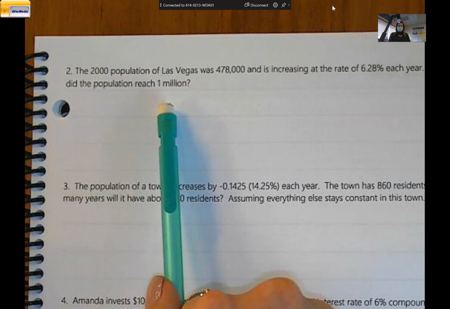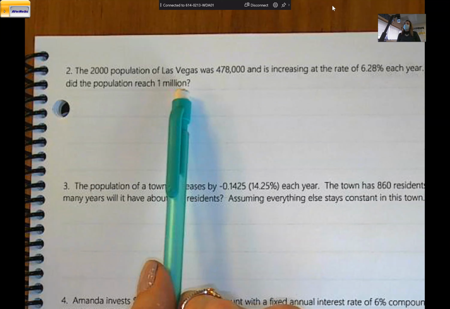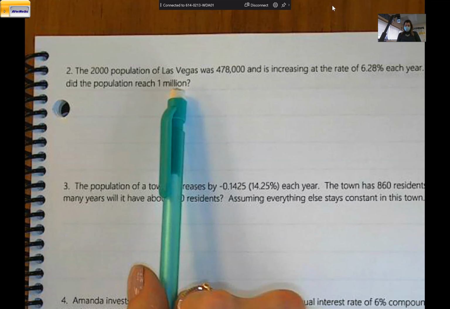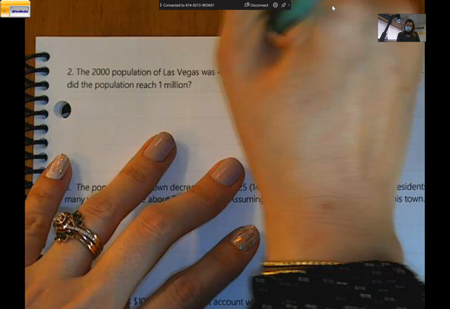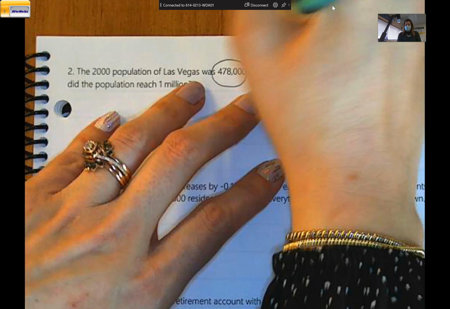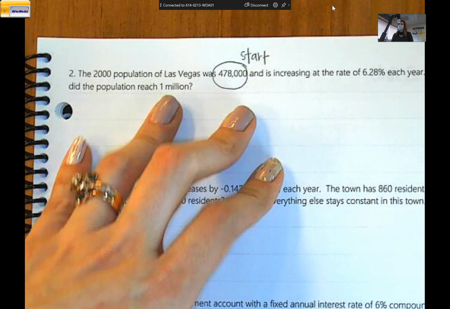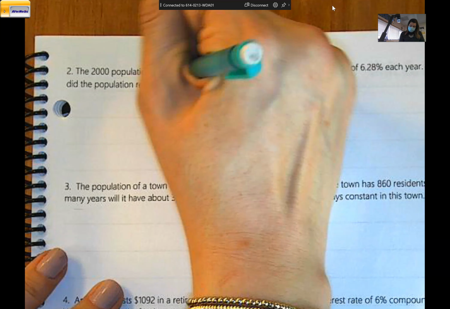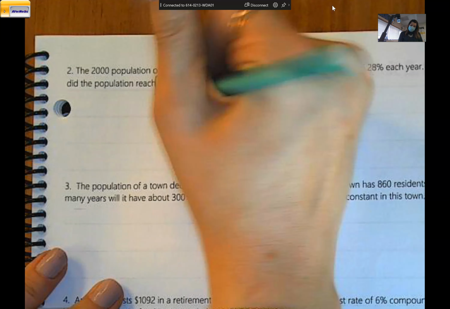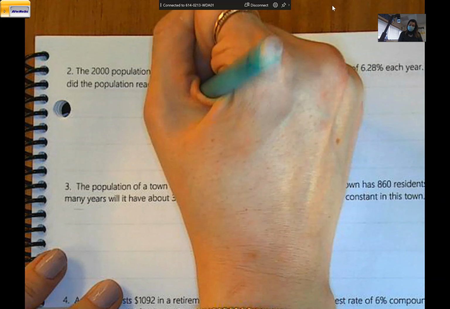When did the population reach 1 million? Okay, well, 478,000 is our start amount. 1 million is our ending amount.